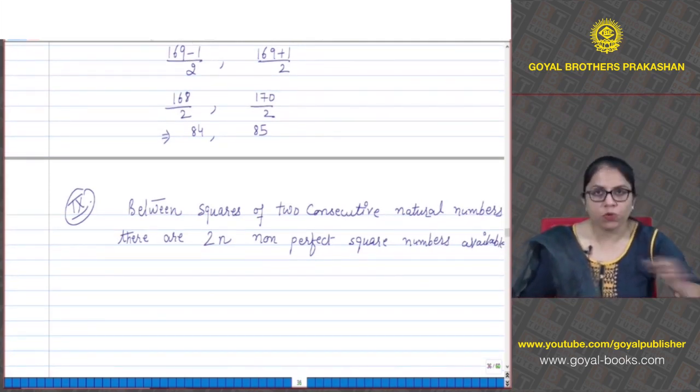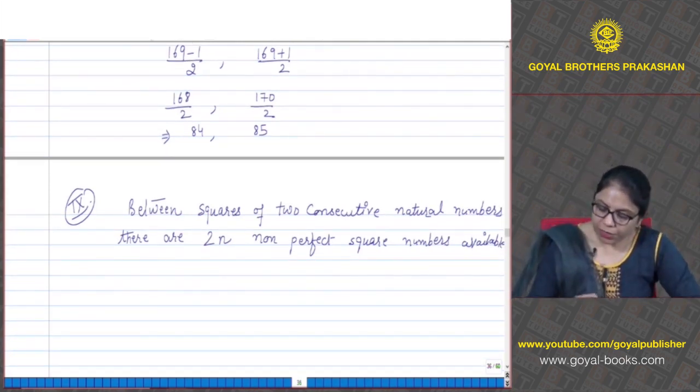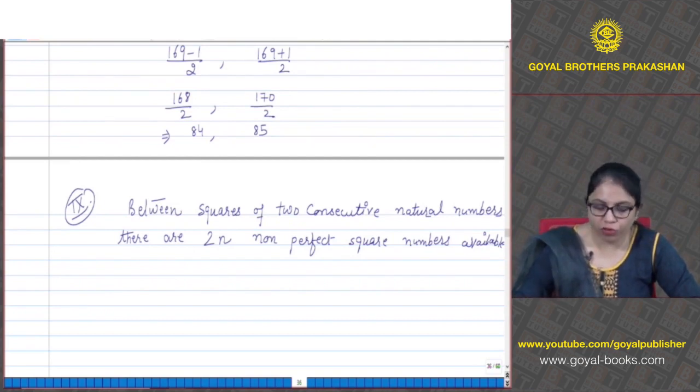So let's discuss this property with the help of an example, between squares of two consecutive natural numbers.